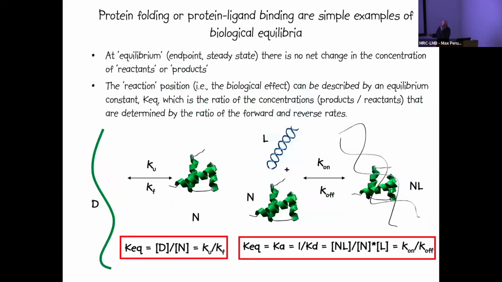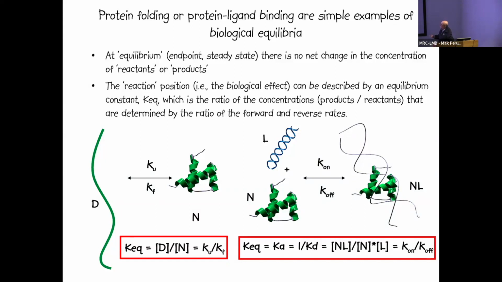So if we just think about protein folding or protein ligand binding as simple examples of biological equilibria that we might be studying, at the equilibrium, by this we mean the endpoint or the steady state levels of the reactants, there's no net change in the concentration of either side of this equilibrium.